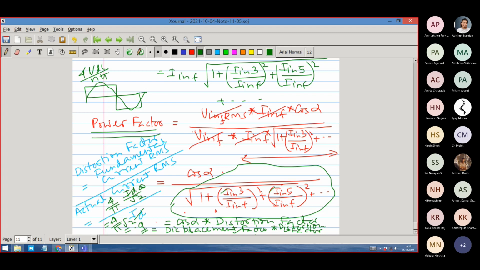Displacement factor is calculated from actual power through integration, actual power divided by V RMS, which is nothing but V fundamental RMS, as we are always assuming the supply system is sinusoidal, into I fundamental RMS.